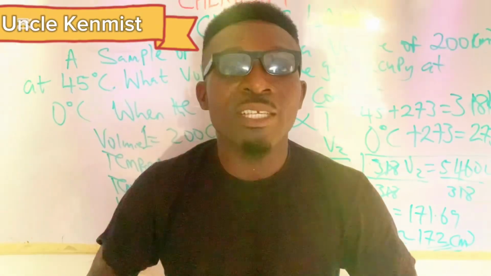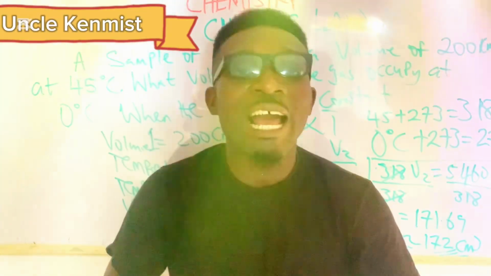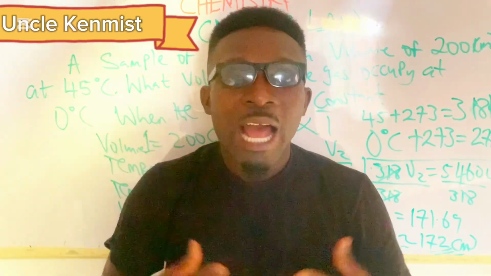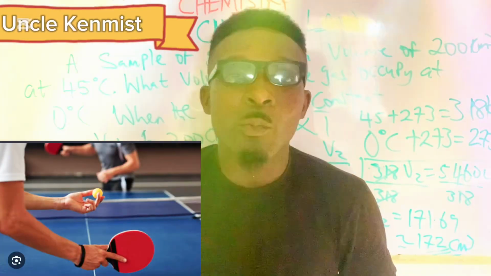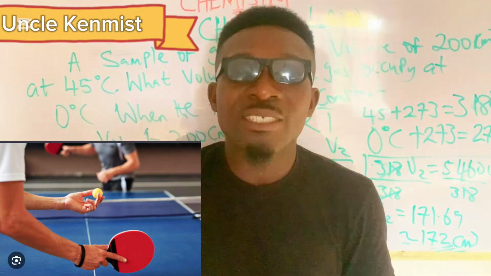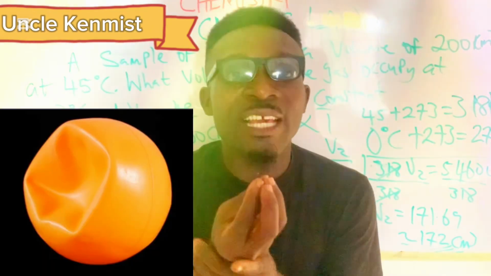Now let me use this example as a practical illustration of how we can actually apply Charles' law in our everyday life. I was playing tennis with my friend one day, and the tennis ball landed on the ground. Then one of my friends mistakenly stepped on it, and then I picked up my tennis ball.